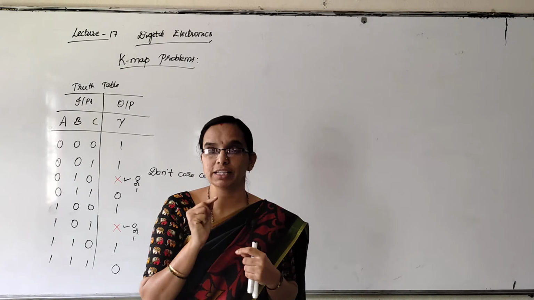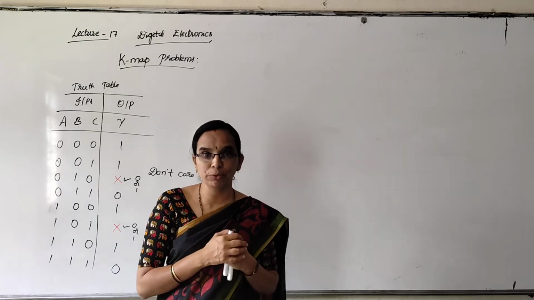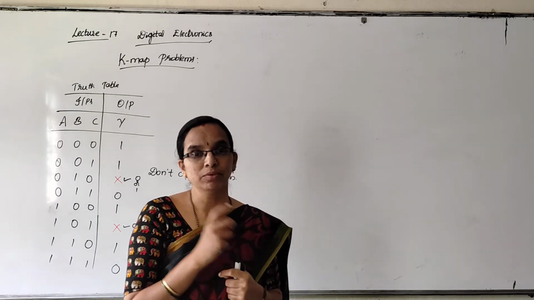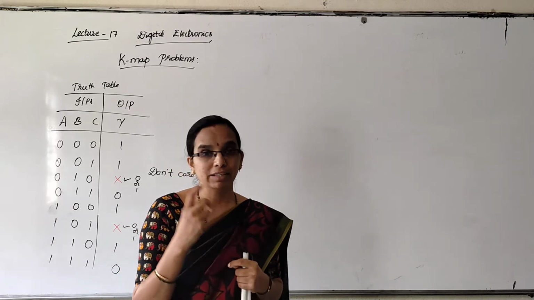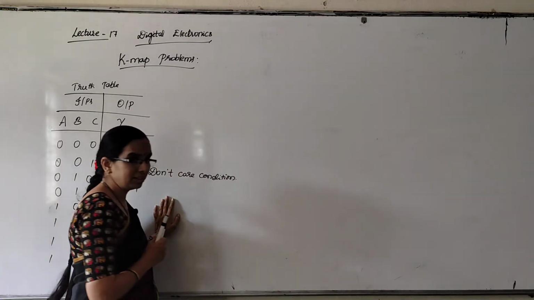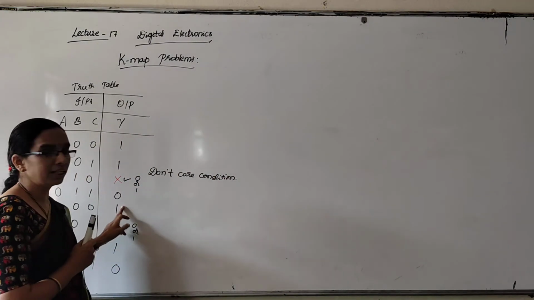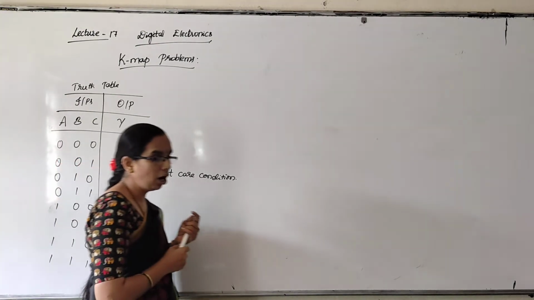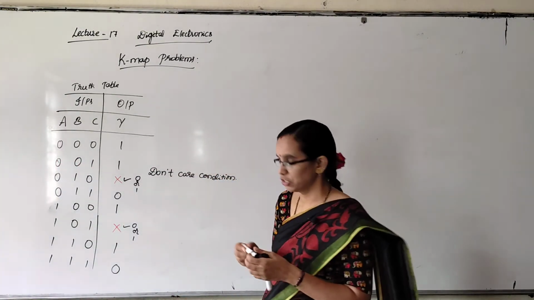That will be marked with x in the Karnaugh map too. I will solve one problem on that, an example. I will plot the Karnaugh map for a given truth table, and let us see how these don't care conditions work.